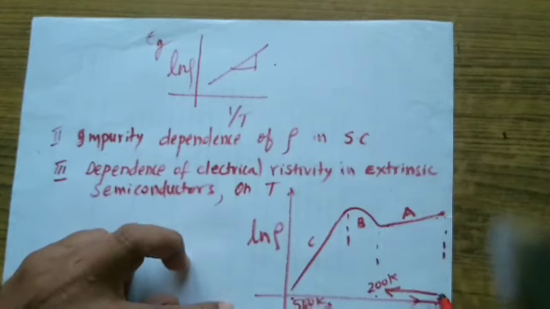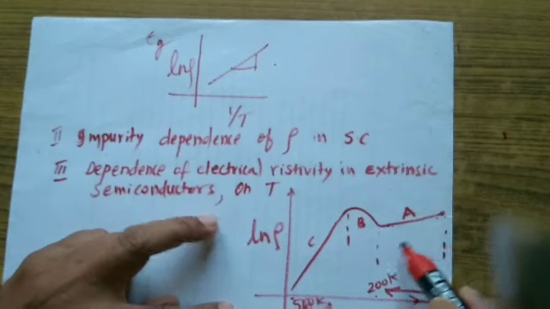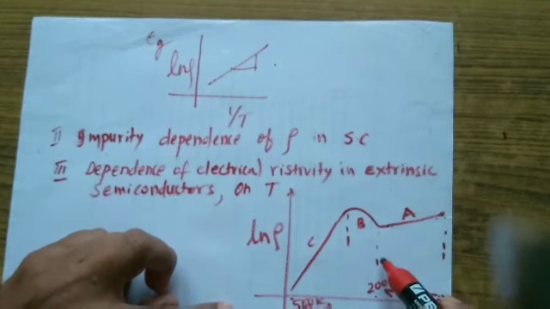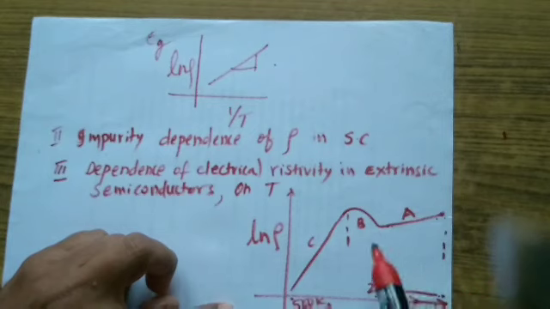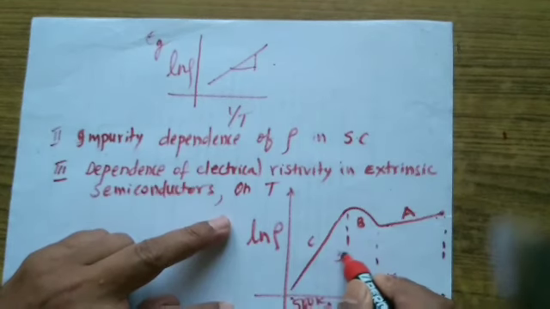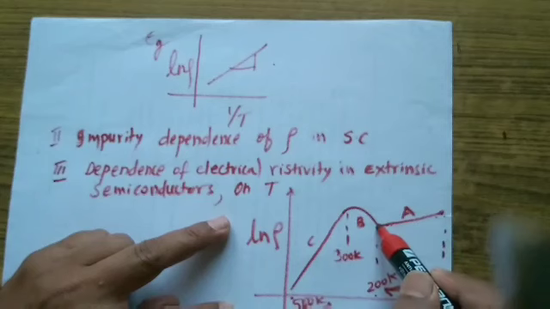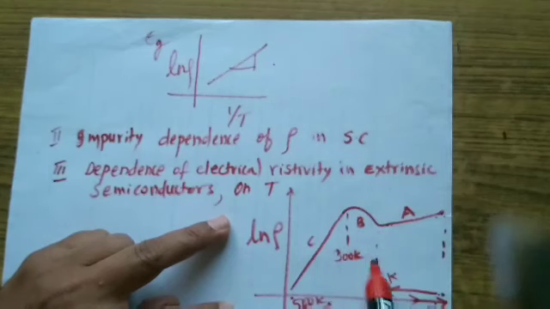But when the temperature reaches a specific value, about 200 degree Kelvin, that ionization in the impurity atoms will be saturated, it will be stopped. And even if you raise the temperature from 200 to some higher value, let us say 300 degree Kelvin, that kind of ionization will not take place within this temperature window between 200K and 300K.